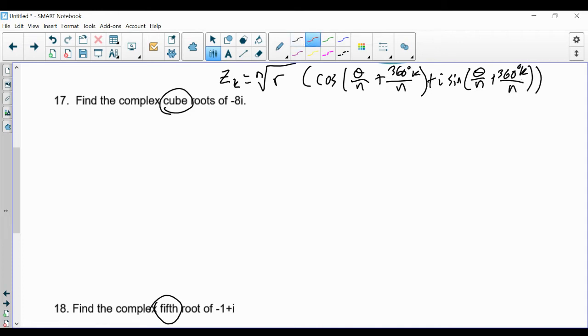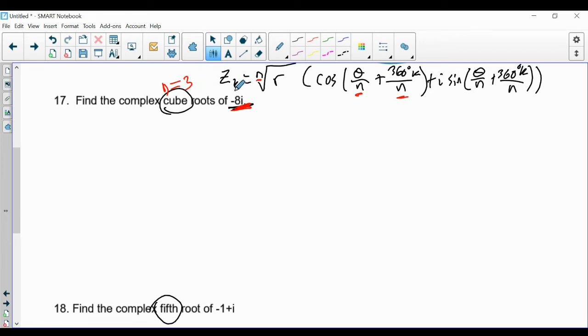All right. So the thing to remember with these types of questions, first, whatever we're dealing with has to be in polar form. This is in rectangular, so we will have to convert that. Then the other thing is whatever the root is, that is our n. So when n shows up in the equation, that is our n value. In this case, cube is 3, but that's also telling us how many answers we have.